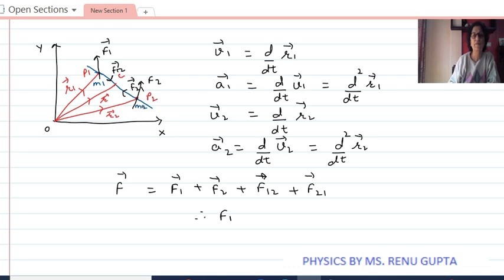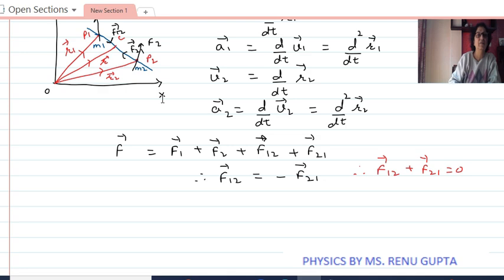Therefore, F12 is equal and opposite to F21. Therefore, F12 plus F21 is equal to 0. Therefore, the net force acting on the system of particles will be simply F1 plus F2.